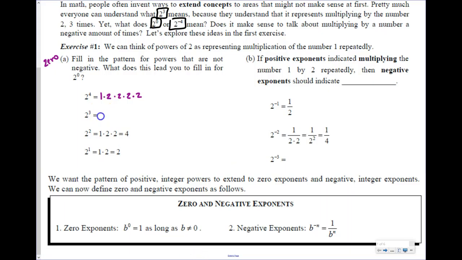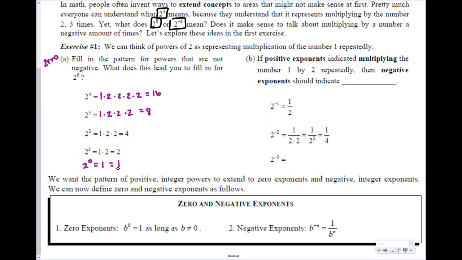So 2 to the third would be 1 times 2 times 2 times 2, and 2 to the second power would be 1 times 2 times 2. And 2 to the first power would be 1 times 2 to give you 2. So if we continue this pattern, 2 to the 0 is really just 1. And do we have anything else? No, because we're not multiplying by 2 at all.